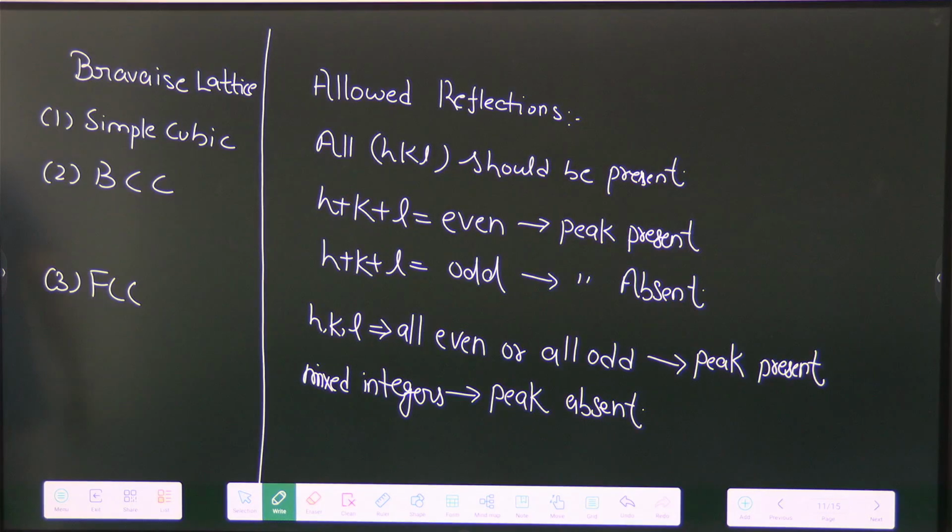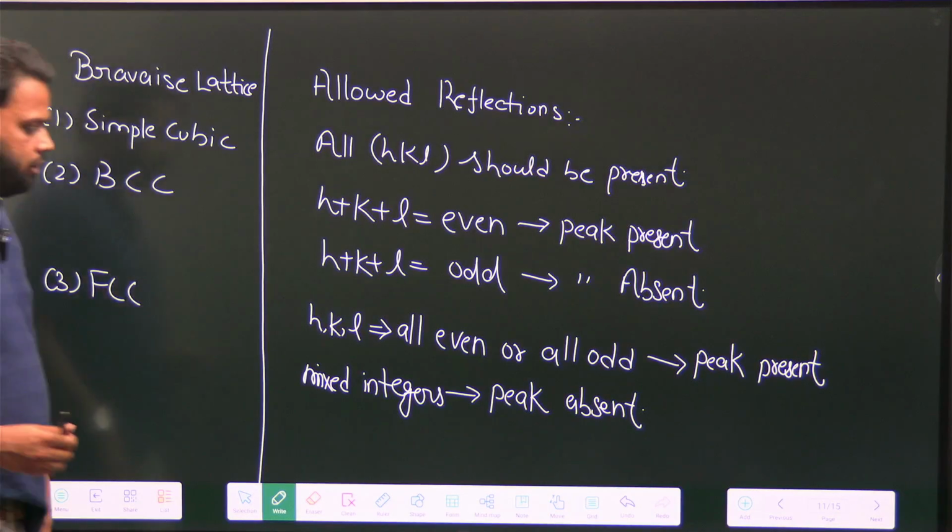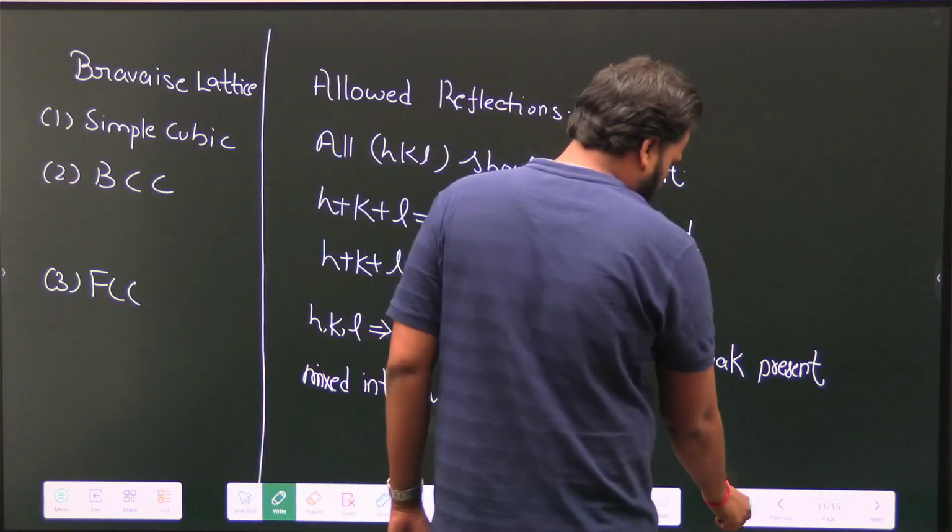Okay, just see first question. IIT-JAM 2015. In the X-ray diffraction pattern recorded for a simple cubic solid whose lattice parameter is 1 angstrom and wavelength is also 1 angstrom, the first order diffraction peak would appear for.